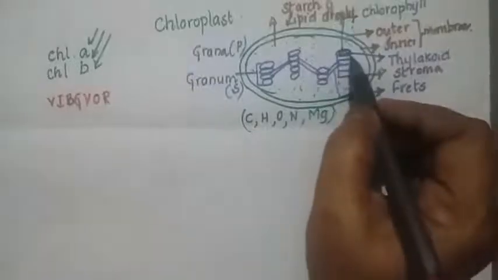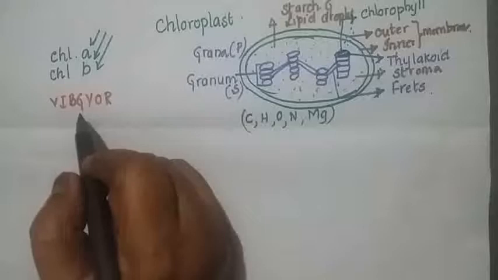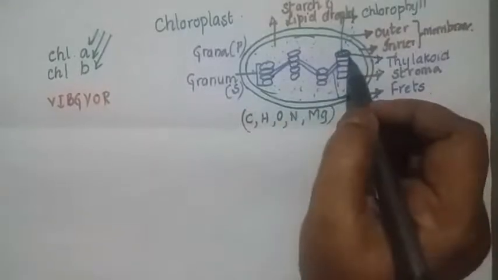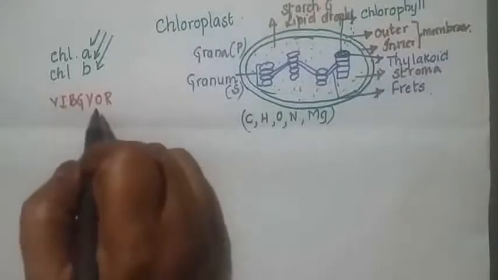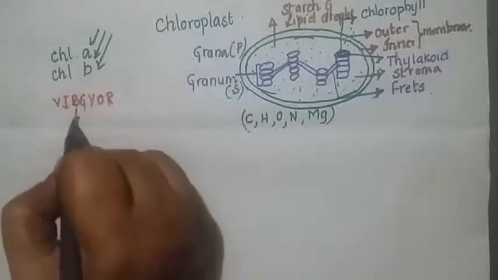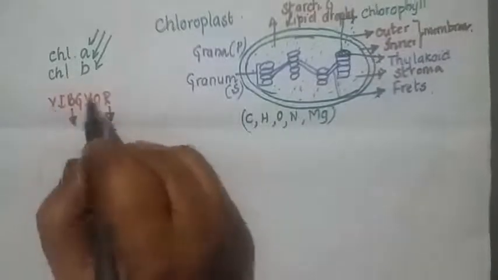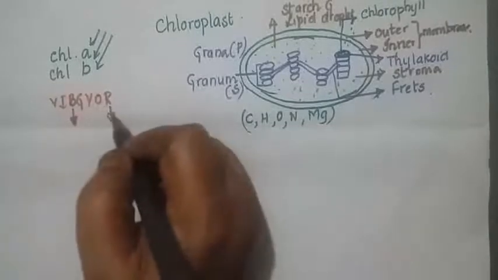So when a chlorophyll molecule is exposed to the visible light, which comprises all these colors, the chlorophyll absorbs the wavelength of 2 colors such as blue followed by red color, which are almost found at the extreme ends of the visible light.